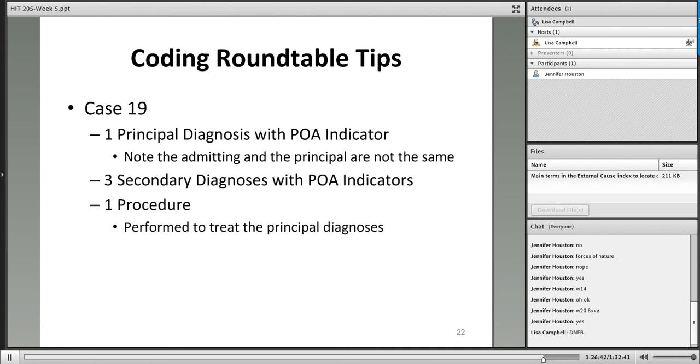Okay, let's see. This patient has 3 secondary diagnoses that were all present on admission. One is an endocrine condition in nature, something related to his fluids being depleted.